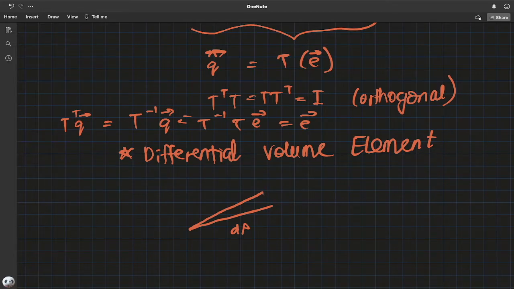If you subtend some angle d phi, and then this angle, sort of like your d theta.